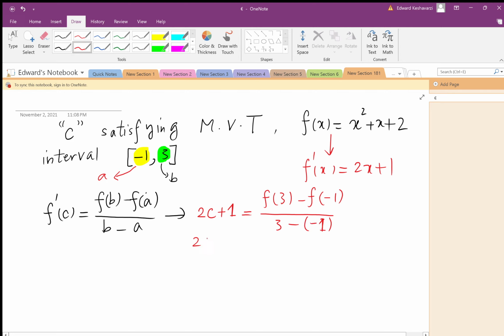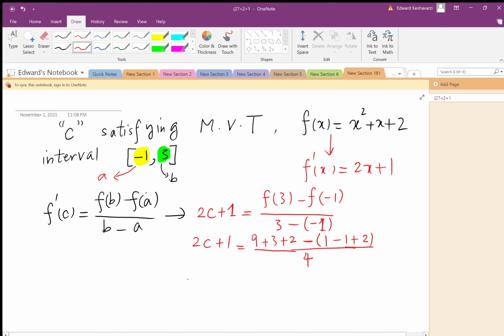So 2c plus 1 equals, f of 3 is going to be 9 plus 3 plus 2, minus f of -1, which is 1 minus 1 plus 2, over 4.